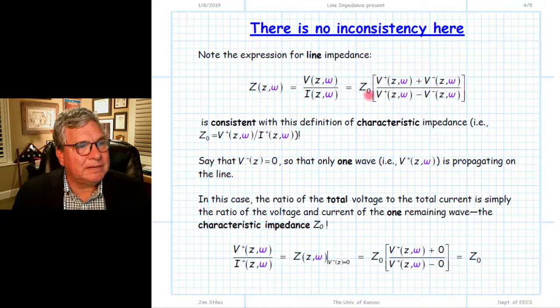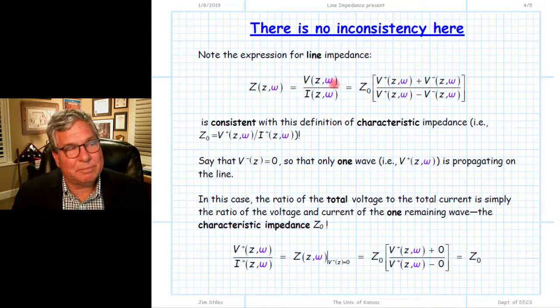But of course, this makes total sense, because if we only have the plus going wave, then the total voltage is just V plus, and the total current is just I plus. And of course, we know the ratio of V plus to I plus, which is the total voltage and total current if there is no minus wave, is equal to Z0.